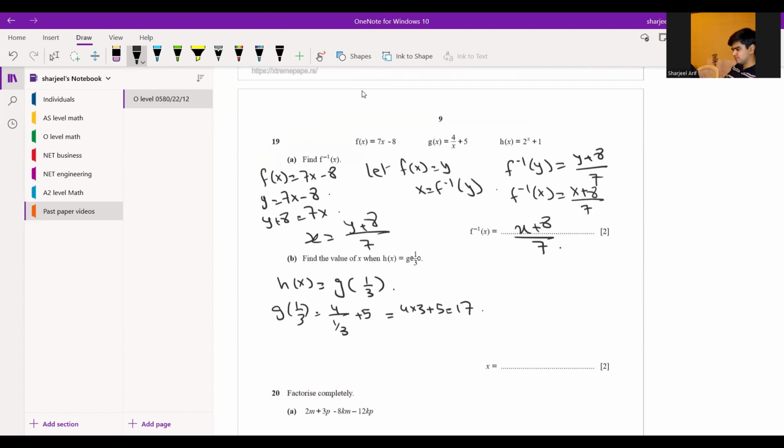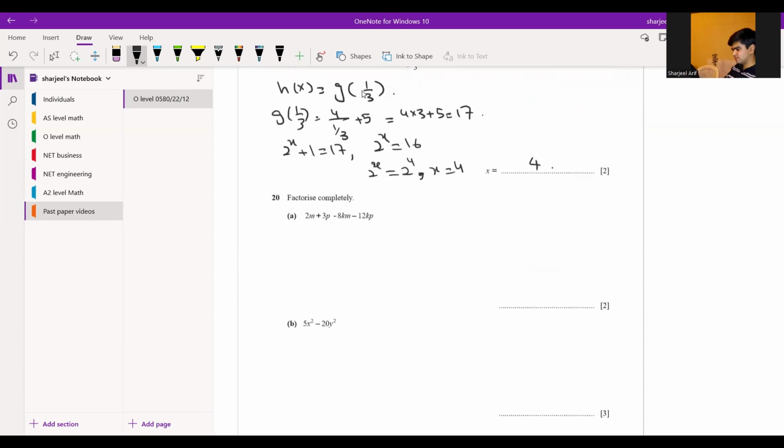And replace in the equation, you will get 2 power x plus 1 equals 17. So 2 power x will be equal to 16. 2 power x will be equal to 2 power 4. Bases are the same. So x will be equal to 4. That will be your answer for part b.